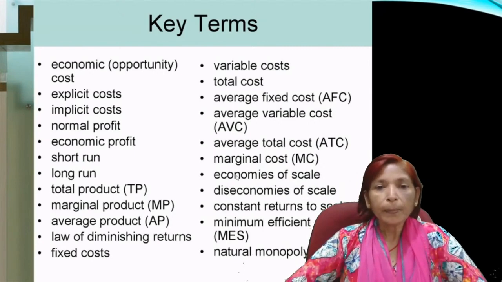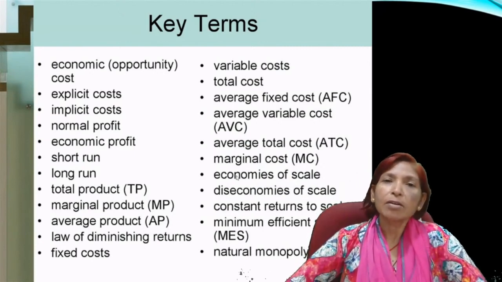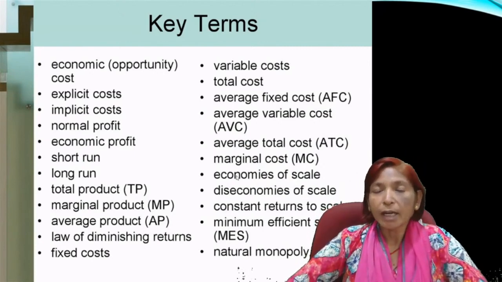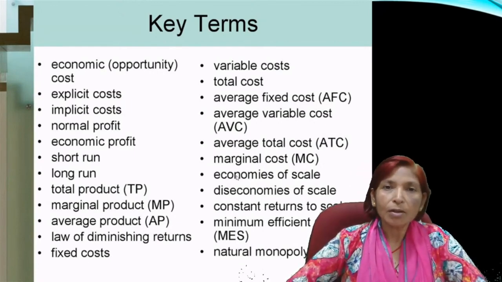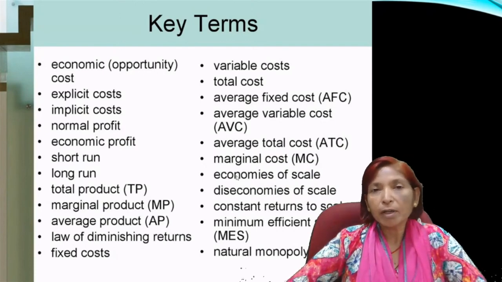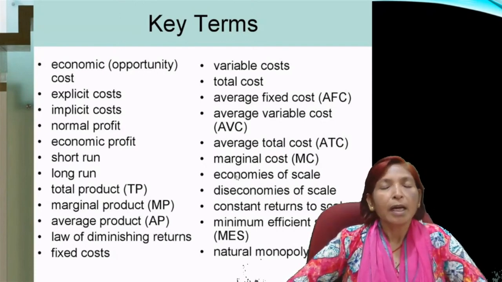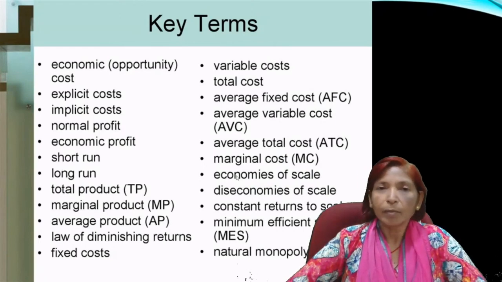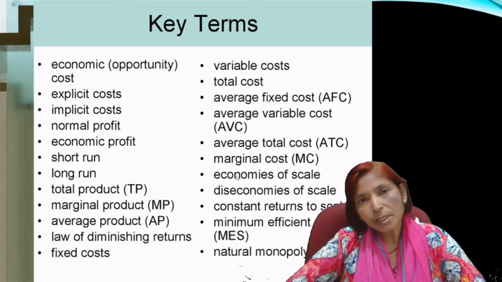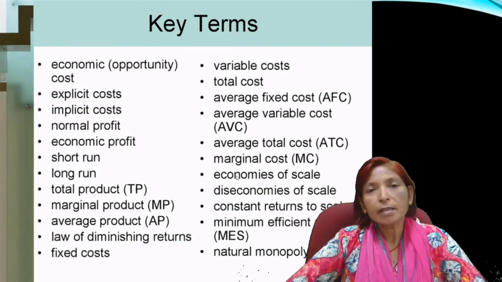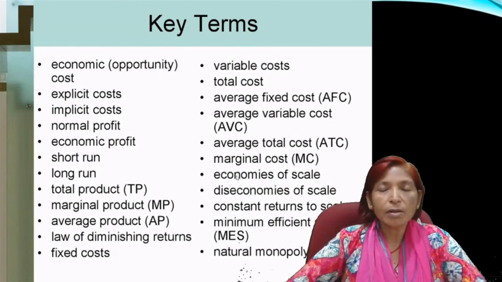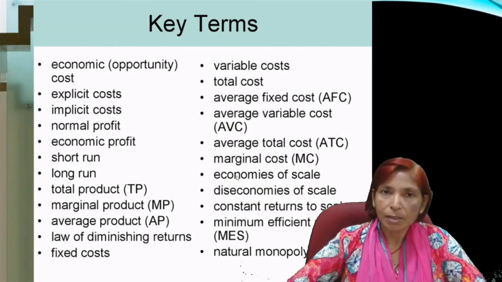So all these expenses which are incurred on fixed factors are called fixed cost. Variable cost is that cost which can change according to the change in output level, and the cost of variable factors is called variable cost. For example, labor cost is variable cost, raw material cost is variable cost, and fuel cost is variable cost, etc. Total cost is the summation of fixed cost and variable cost.